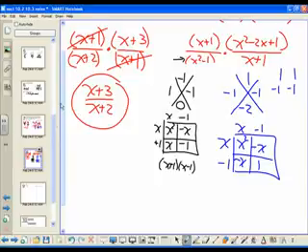So I get x minus 1 times x minus 1, which would be x minus 1 squared. But we don't write it like that because it can cause confusion.